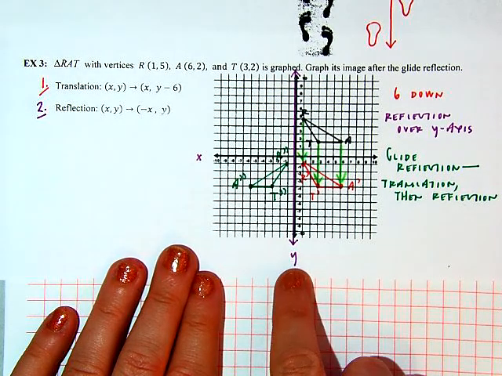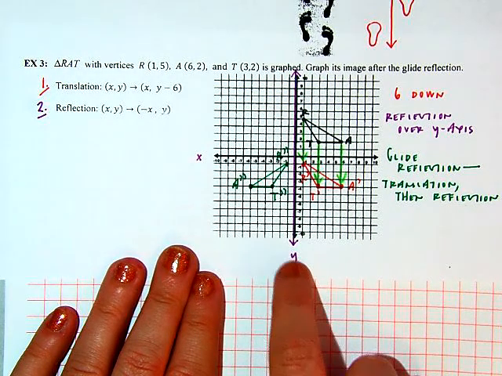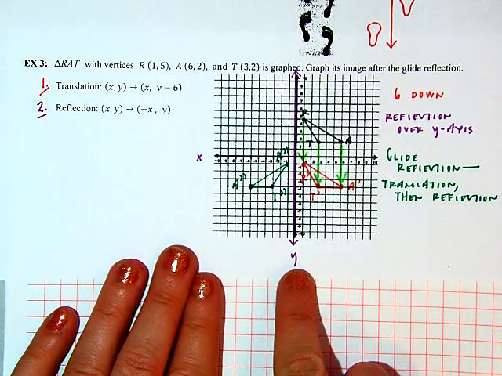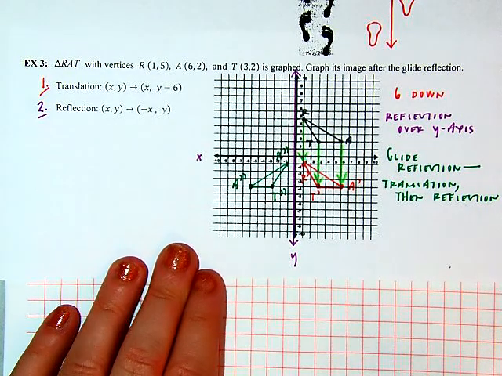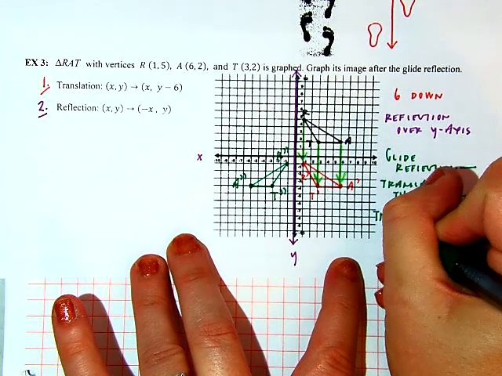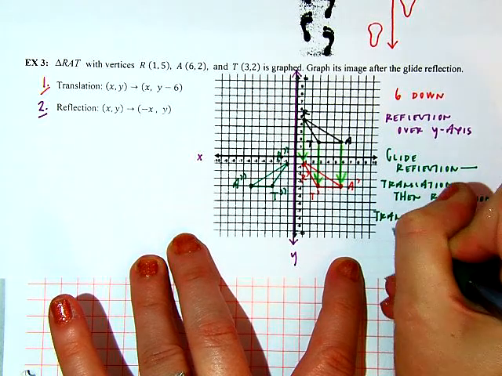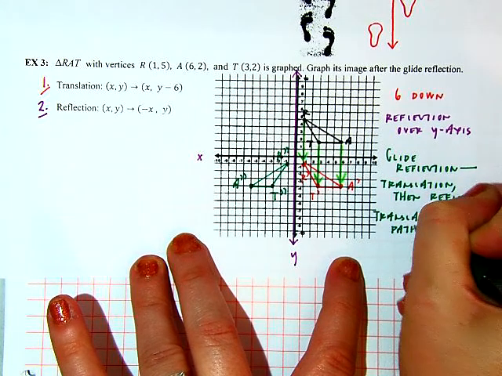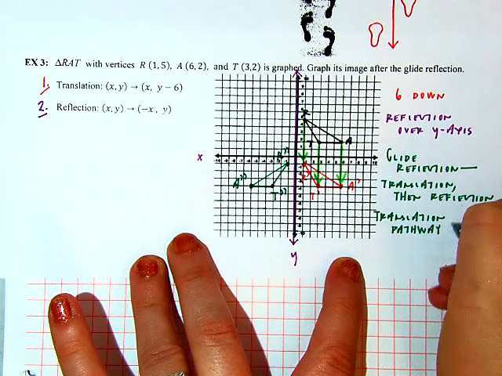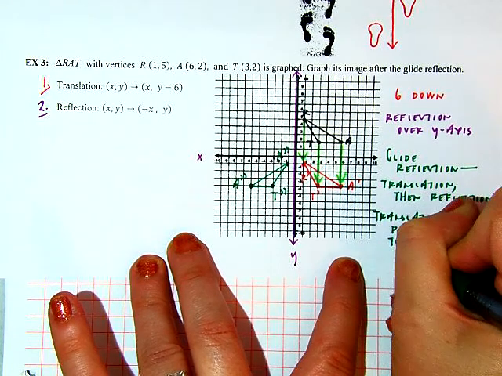If we were to write this equation, this line here would have an equation of x equals 0. So I'm going to add that last detail, that the translation pathway is running parallel to the mirror line.